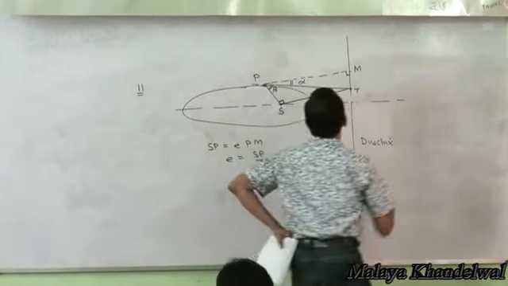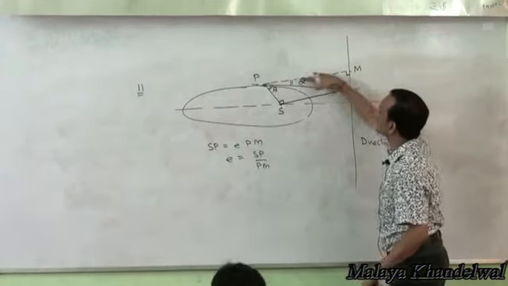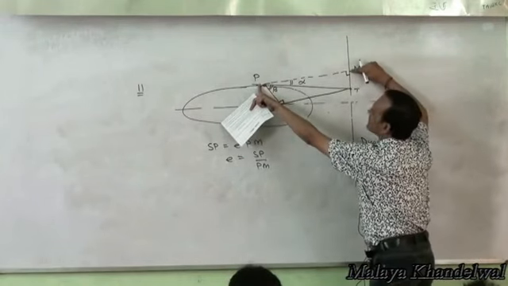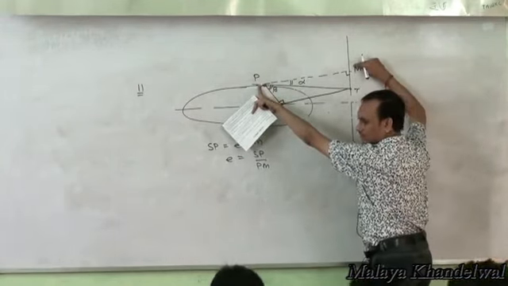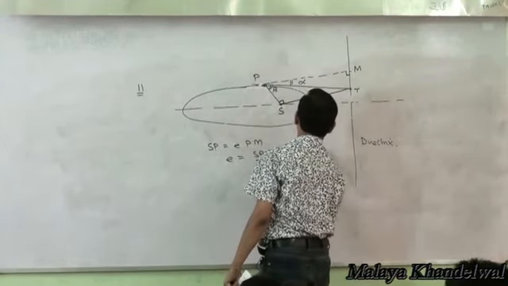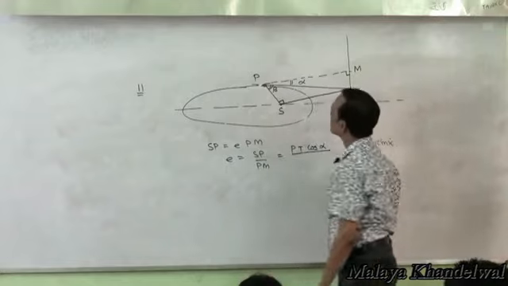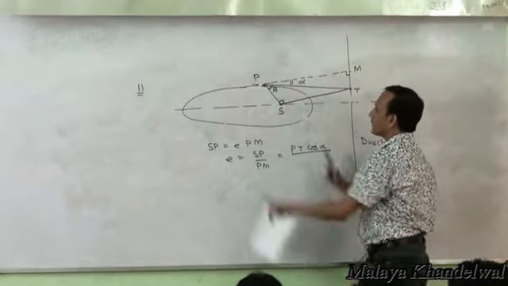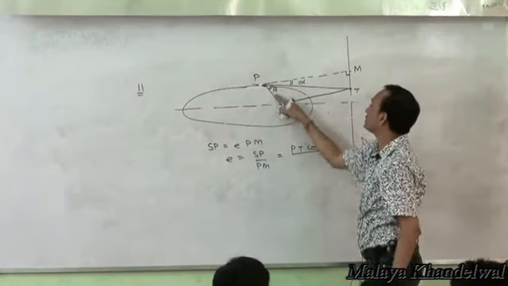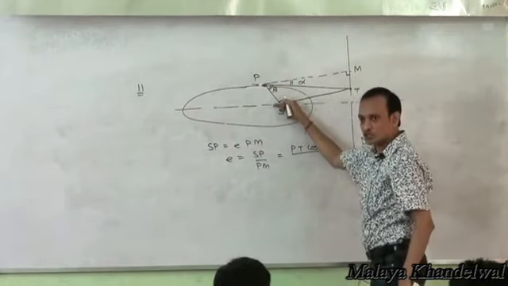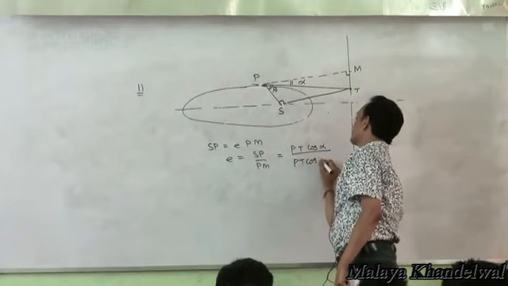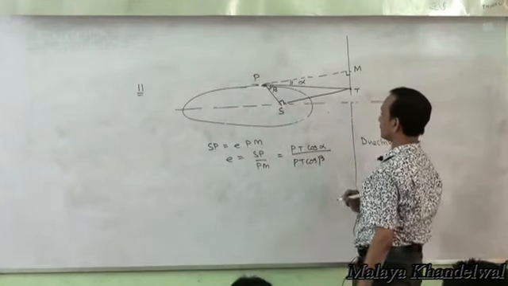In this right angle triangle, do you realize that PM is PT cos alpha? And SP is PT cos beta. This again is a right angle triangle.